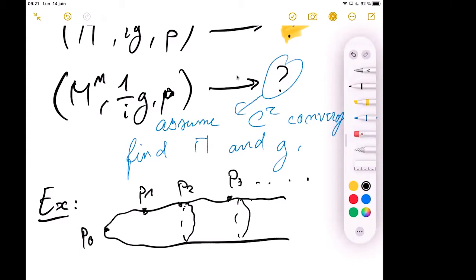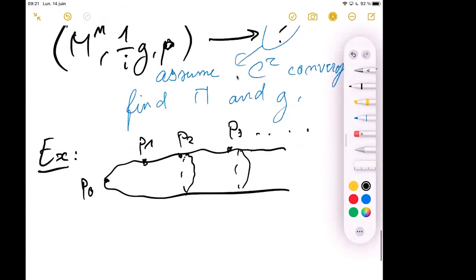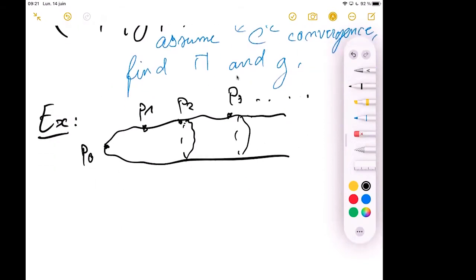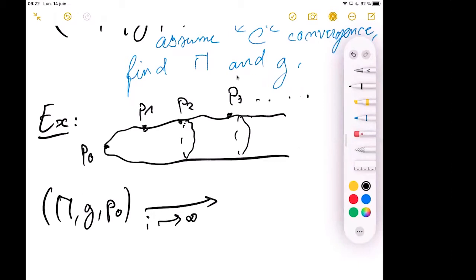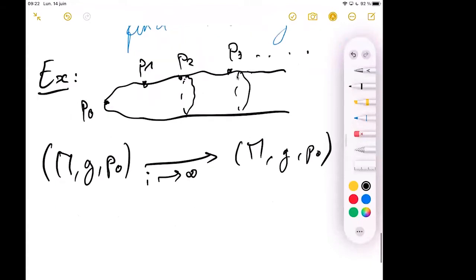And consider a sequence of points going to infinity on this radial geodesic here. So if I don't move my point, as I go to infinity, I just go to the same, so nothing's happening. Ck or C infinity, whatever you want.